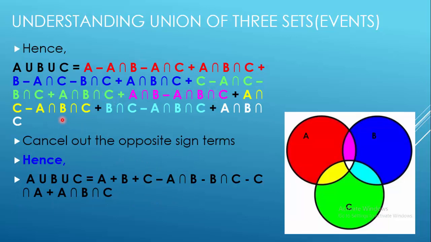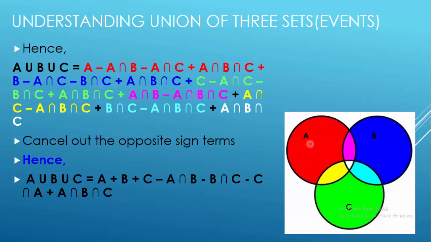Actually, it is not the final term, but a term before the final term. We will simply use algebraic mathematics and cancel out the terms of opposite signs. After cancelling out the terms having opposite signs, what we get is A plus B plus C minus A intersection B, minus B intersection C, minus C intersection A, plus A intersection B intersection C. So you can see that it is very easy to understand now.